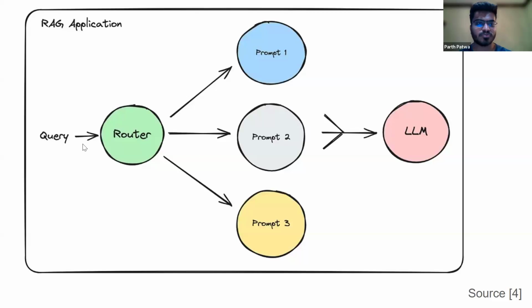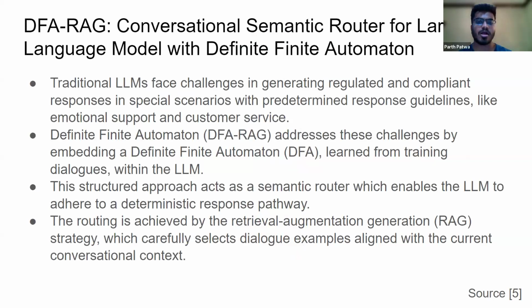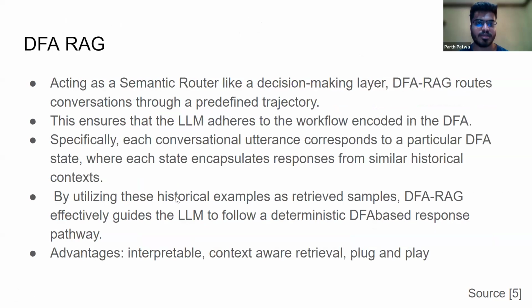So combining routers with RAG opens a whole new dimension for us. One such paper which uses router-based RAG is DFA-RAG, where they try to solve a chatbot for customer service, where a deterministic finite automaton is created, and that is used to route our input query.